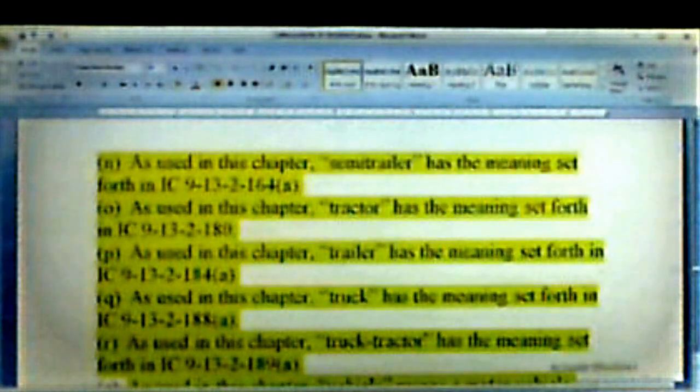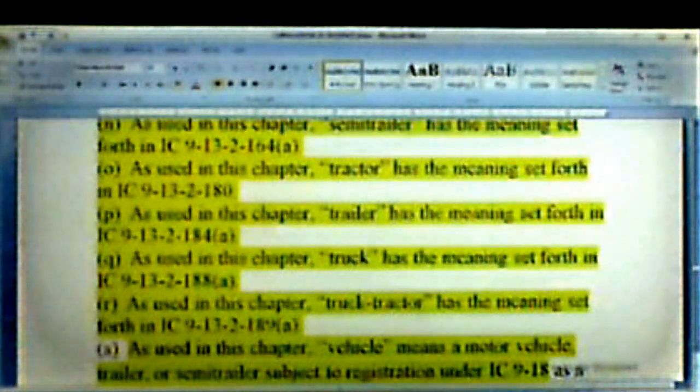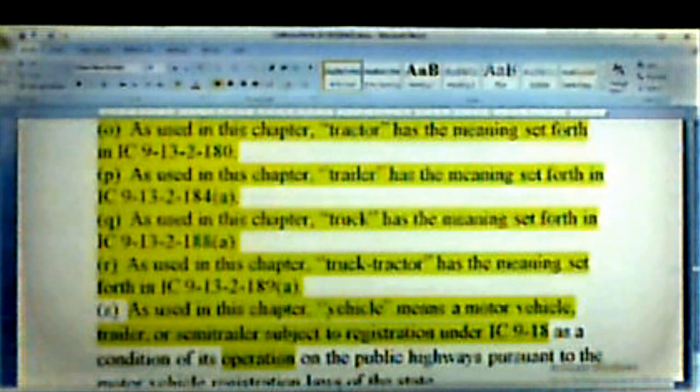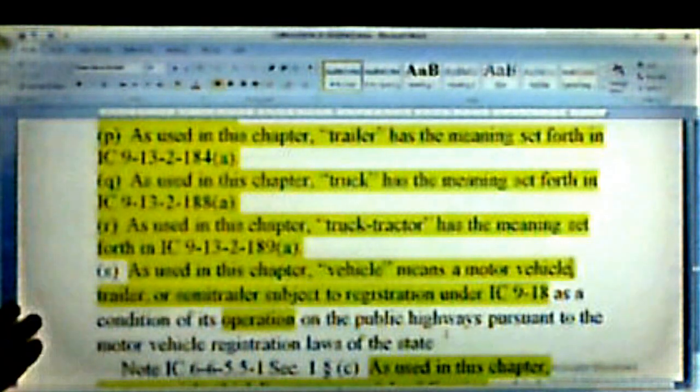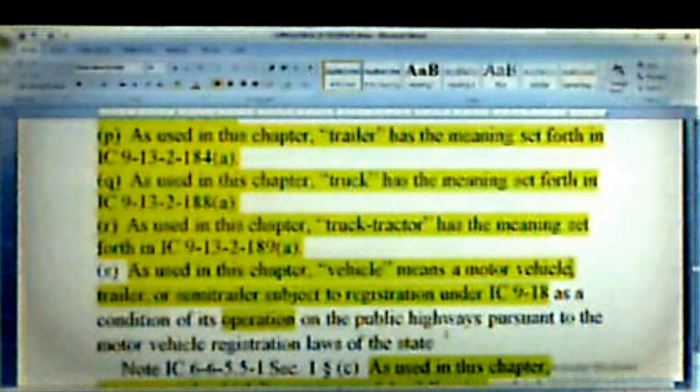A trailer, a truck, tractor. As used in this chapter, vehicle means a motor vehicle. So whenever you see the word vehicle in the Title IX Motor Vehicle Code or in the Excise Tax Code, you now know that they're talking about a motor vehicle.